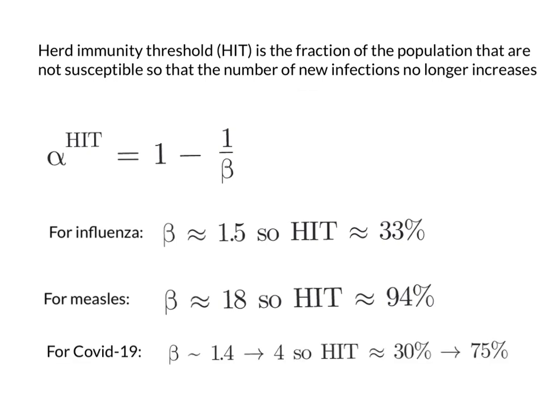And finally, what about our current pandemic, COVID-19? Well, the initial reproduction rate, we're not sure what it is. Could be anywhere between 1.4 up to 4. So that means that the herd immunity threshold could be anywhere between about 30% of the population or 75% of the population. That is a big gap.